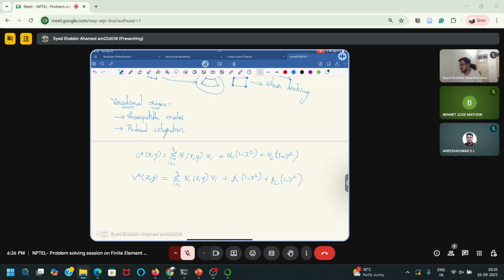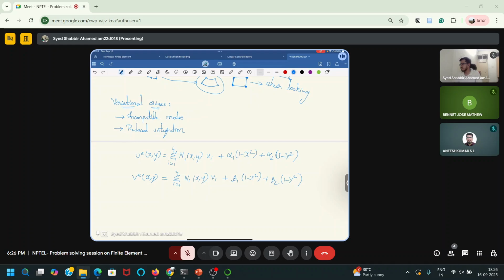There is no soft copy available, so you have to buy that book. The text name is Finite Element Method and Computational Structural Dynamics, same as the name of the course. You can buy it online.